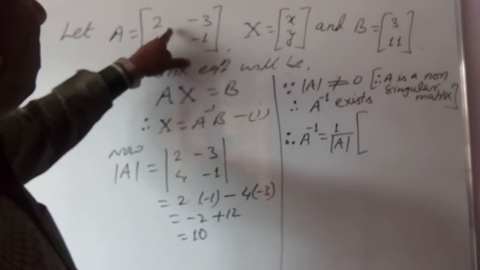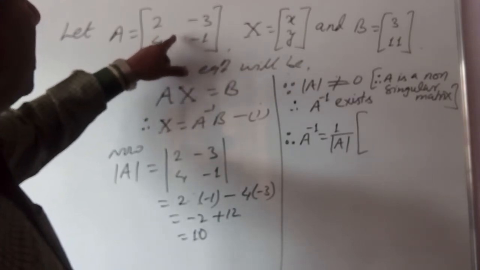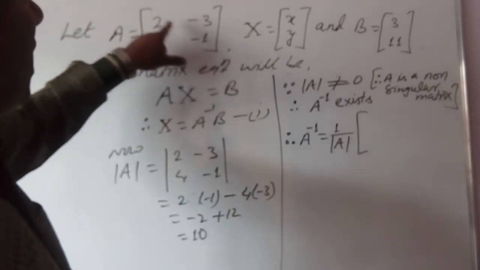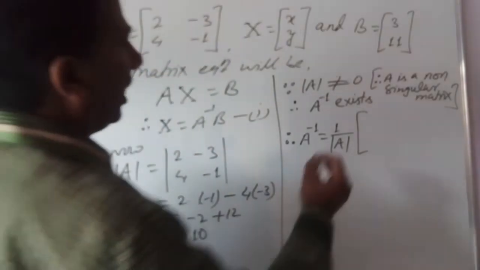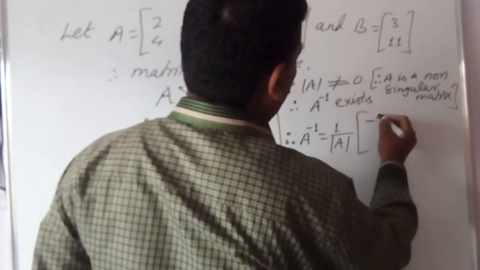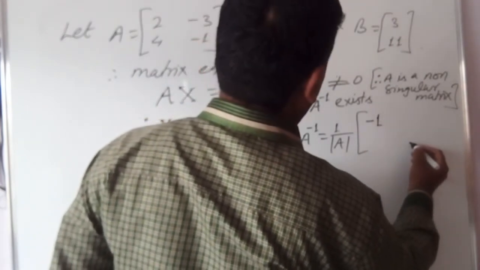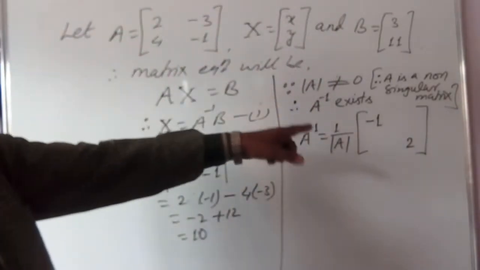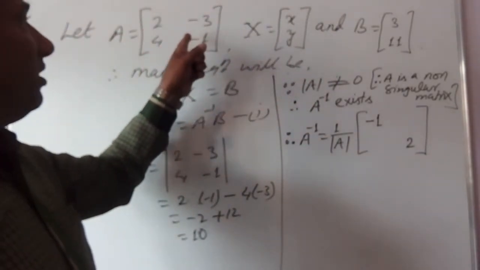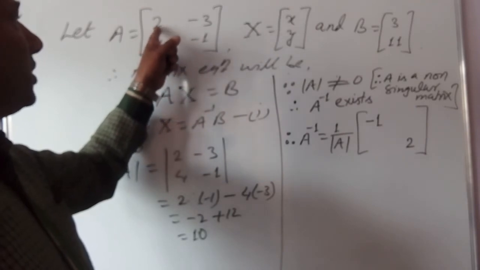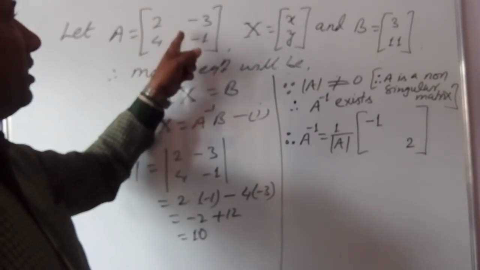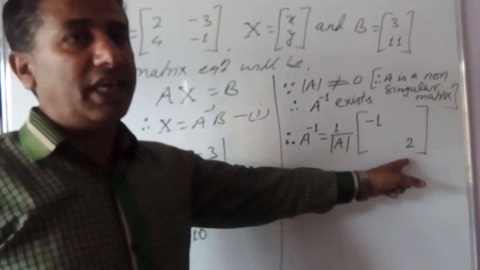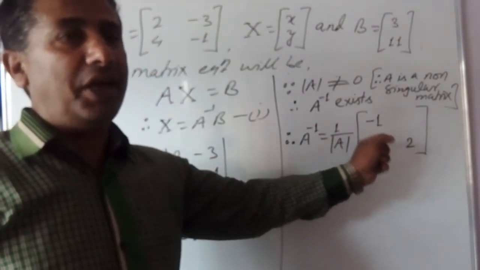That is, in place of 2, write -1, and in place of -1, write 2. I changed the position of the elements of the main diagonal.